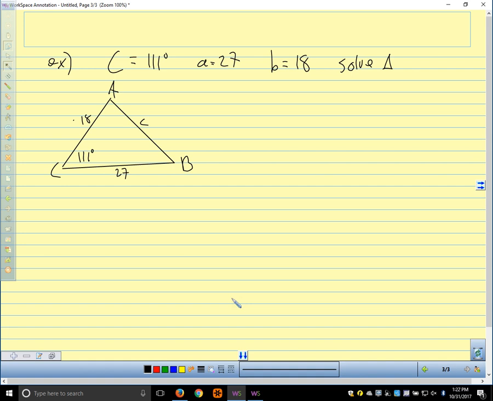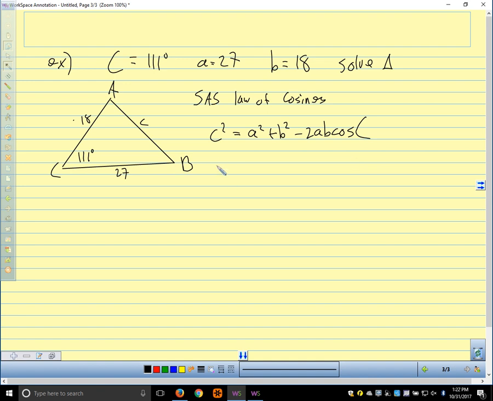All right, so here we have a side angle side triangle. So that tells us law of cosines. And since we want to find side C first, I'm going to use c squared equals a squared plus b squared minus 2ab cosine C.